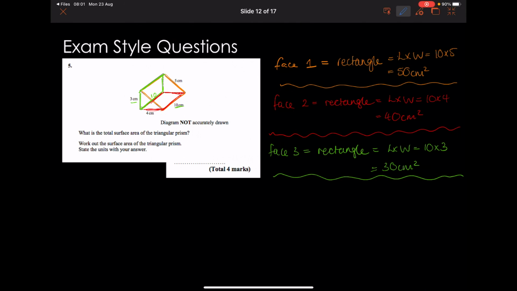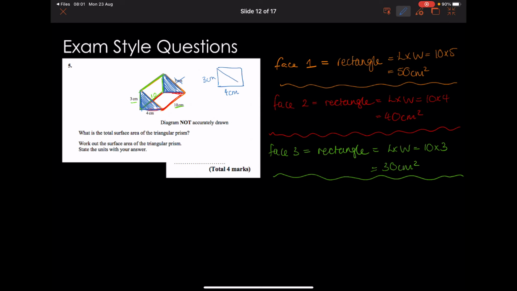Finally, we have these 2 triangles. One triangle there and one triangle there. Now, if you're clever, you'll notice that these 2 triangles come together to make a rectangle. It has a base of 4 centimeters and a height of 3. We don't need that 5 because that's the diagonal length, and we never use that.